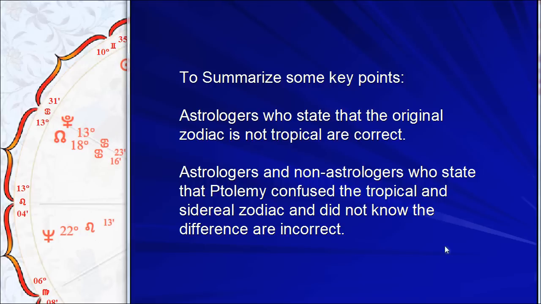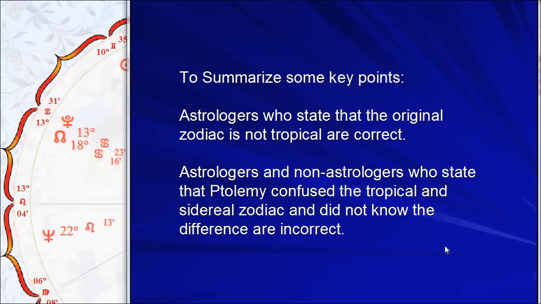So it's not that the person who's had the greatest influence on this lineage of thought didn't know what was going on. He did know that there is a tropical zodiac which is different from a sidereal zodiac, and he felt for various reasons that the tropical zodiac was the preferred one.